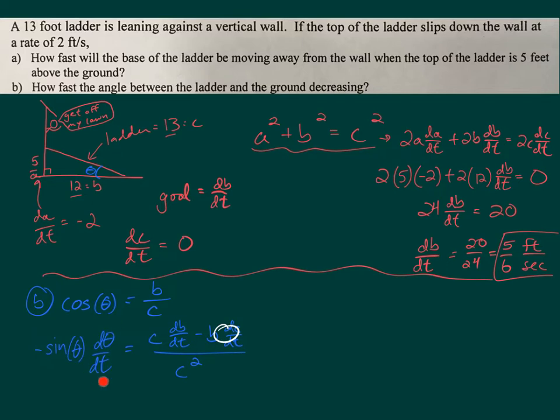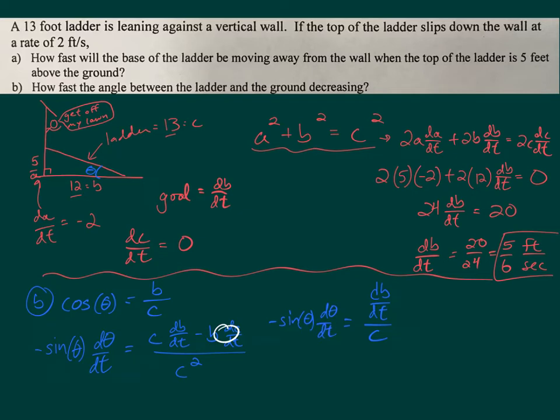And this is what we're after right here. So to simplify this side a little bit, after we turn this into 0 because dC/dt again, we can cancel a C here. So the right side of this equation simplifies even further to dB/dt over C, and that will equal negative sine of theta d theta/dt.